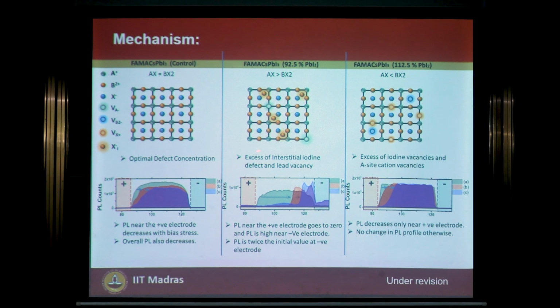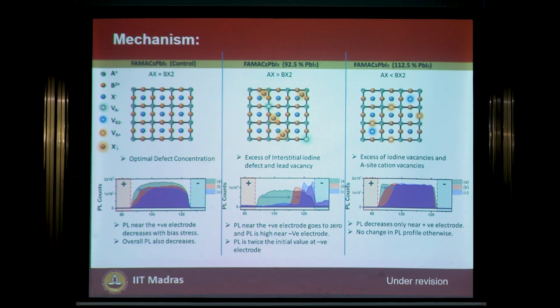That means both the interstitial iodine defects and the lead vacancy defects are the reason for very strong PL quenching. When you apply a bias, all the interstitial iodine, which is negative in charge, starts to move to the positive electrode, which quenches all the PL originating there. The increase in PL can be due to sweeping away the already pre-existing interstitial iodine.